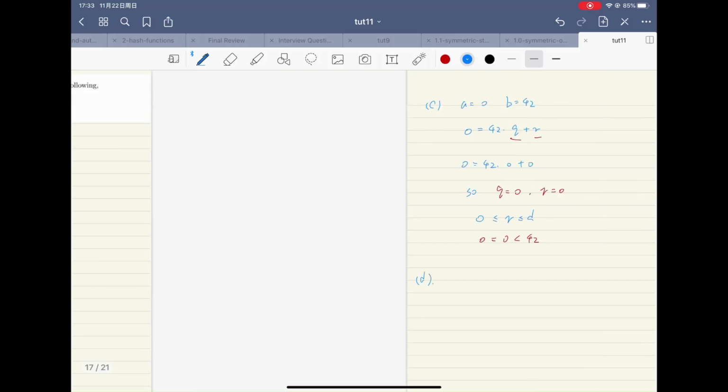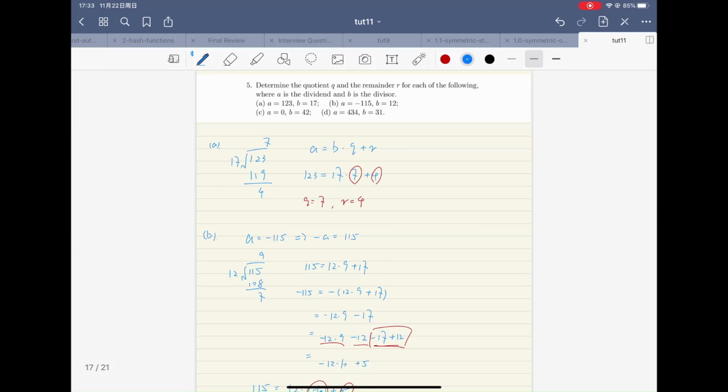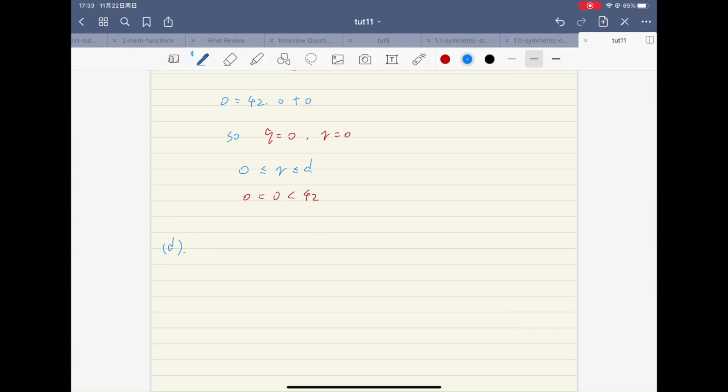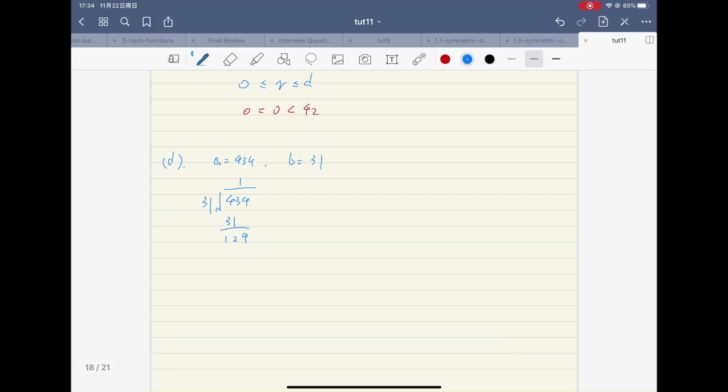And question D, we have A equals 434 and B equals 31. So just a long division. We have 124, and just 4, 124.